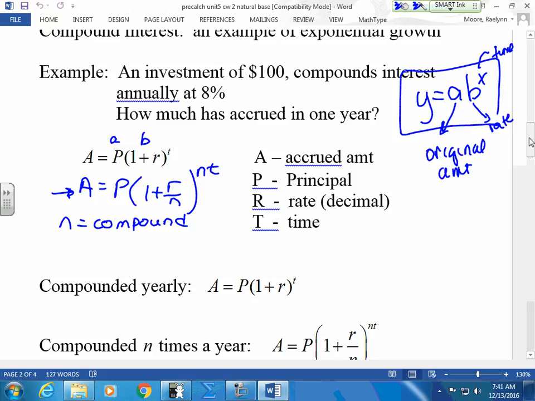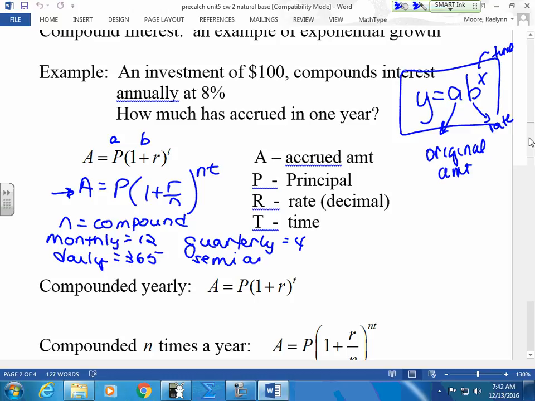Okay. And n will say, if it's monthly, what is n? 12. If it's daily, if it's quarterly, if it's semi-annually, 2. Daily, quarterly, these are the ones, right?